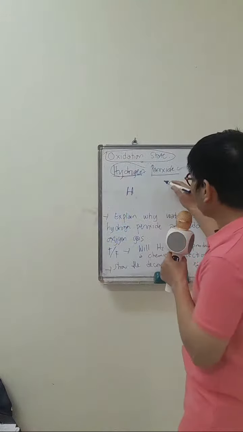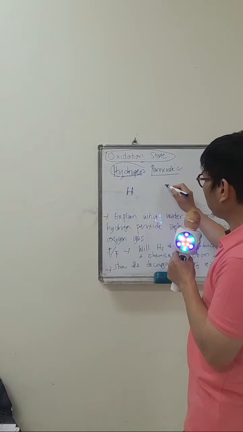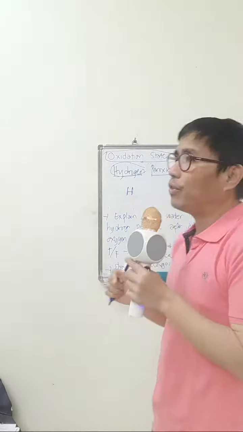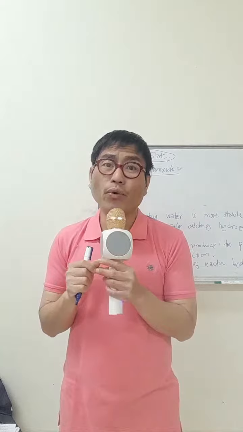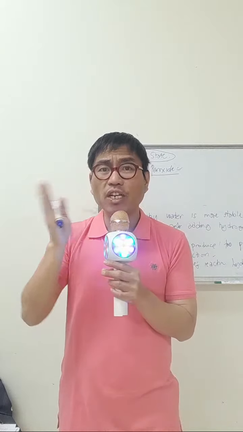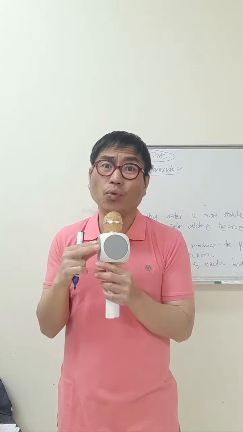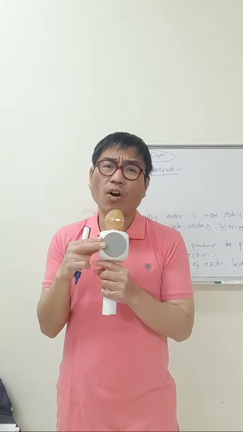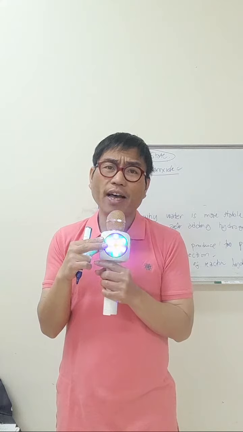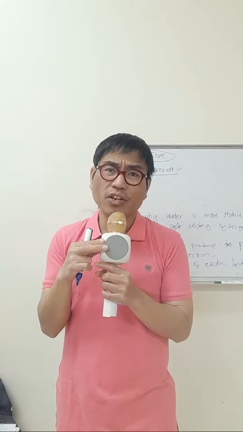Okay, now peroxide. What do you understand by peroxide? I will teach you the basic charges of oxygen. We have 3. The first is the original, which is -2. The original charge of oxygen, because oxygen forms an anion, a negatively charged ion.